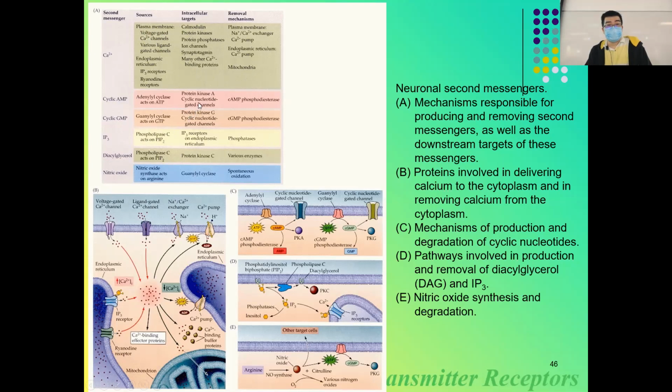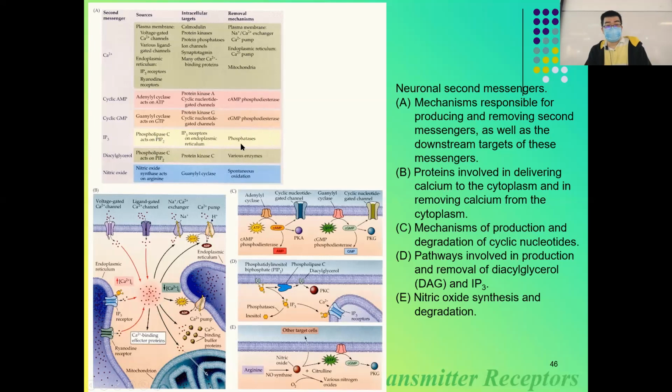You can see the sources and then the targets. So those are actually protein kinase A, protein kinase G. Then that can actually cause different kinds of channel changes. There will also be the activators. You can see that phosphodiesterase can remove the cyclic AMP, and similarly the cyclic GMP phosphodiesterase.